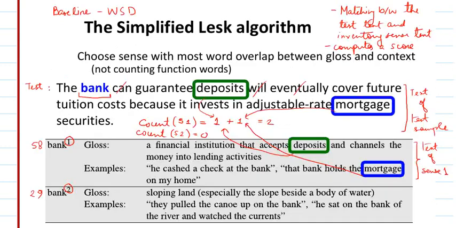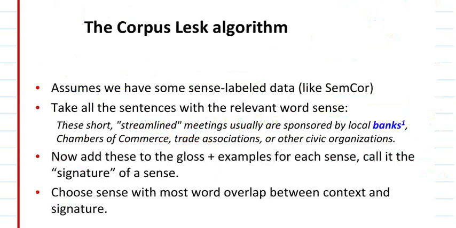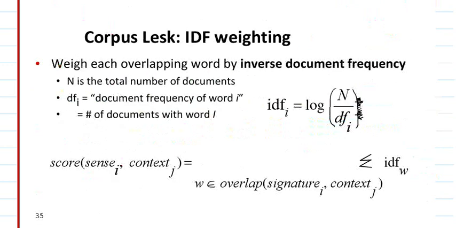So we have this test sentence, and then we calculate the inverse document frequency of each of these words, and then we multiply the inverse document frequency with the computed score of those words.